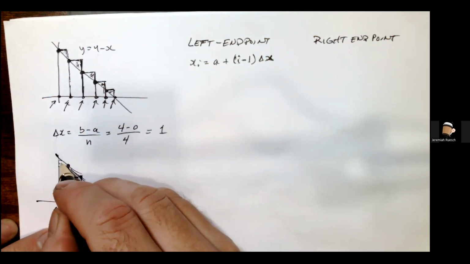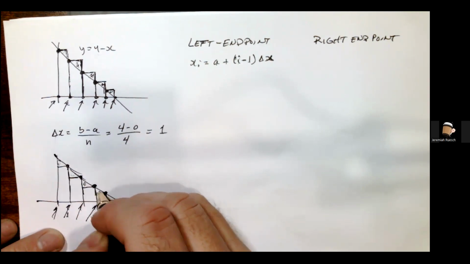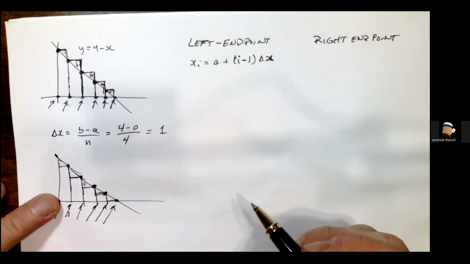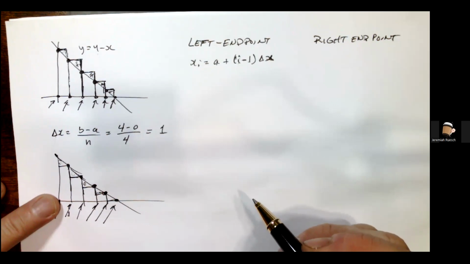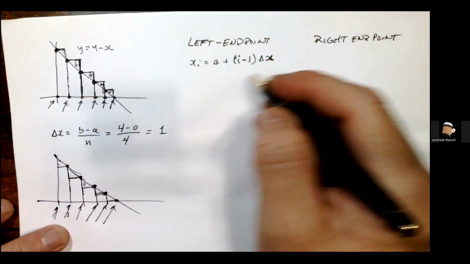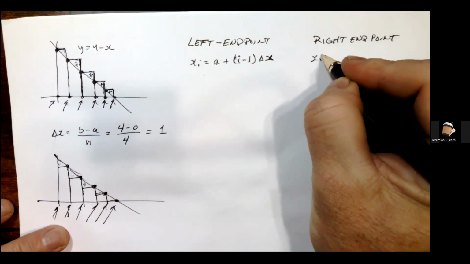But you can see that there's a little bit of shaded region here now, and that's the reason why this one was an underestimate of the total area.